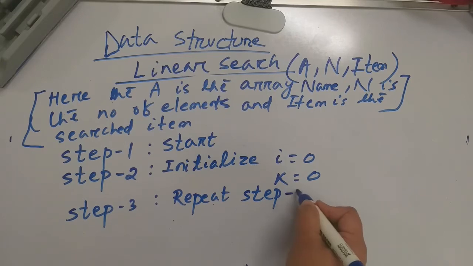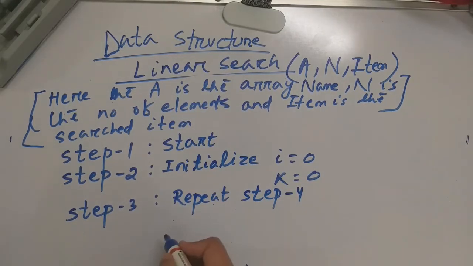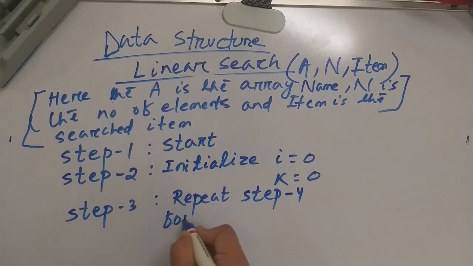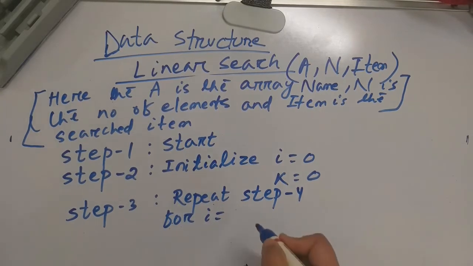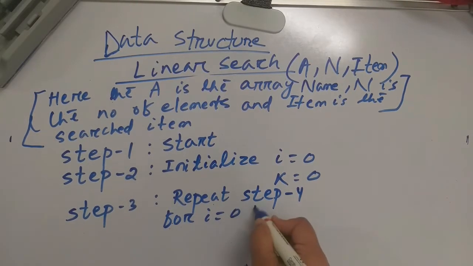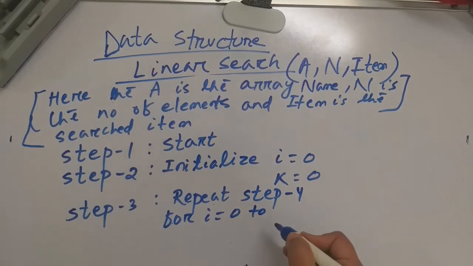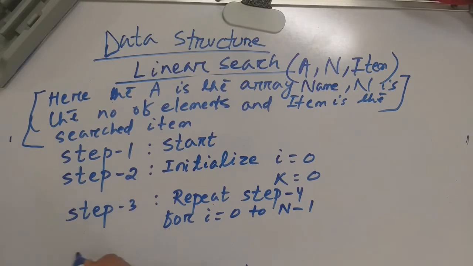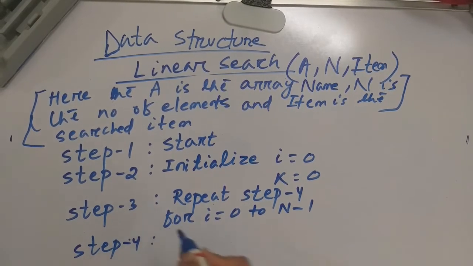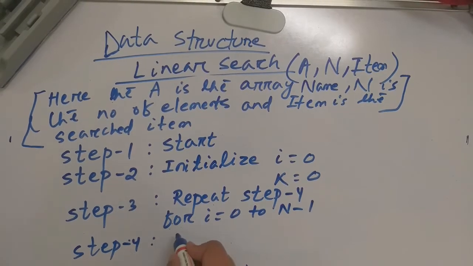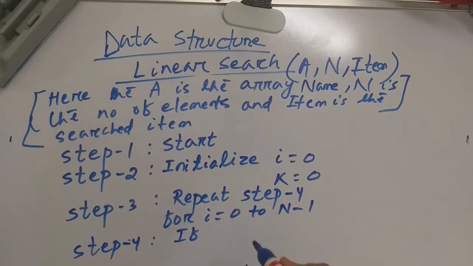Okay, so here step 4: for I equal to 0 to n minus 1. Then what do we write in step 4? In step 4 we compare, because the comparison is necessary.